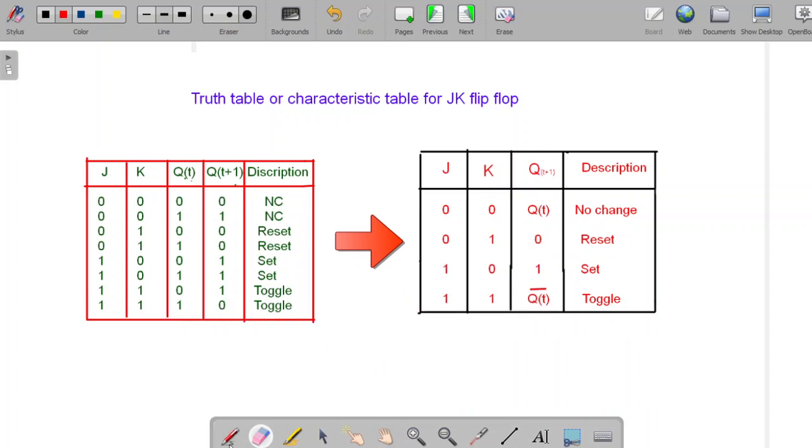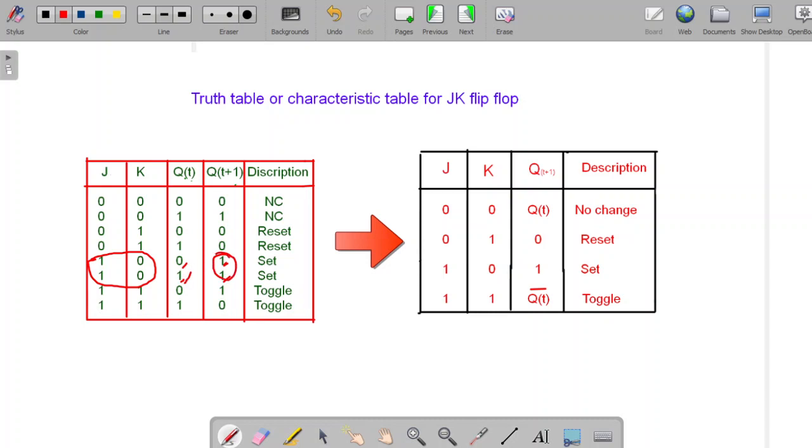And when you check for the next two combinations, that is the 10 combination. Whenever you have 10 at JK as the input, if Q(t) is 0, Q(t+1) will be definitely 1, and if Q(t) is 1, again Q(t+1) is 1.